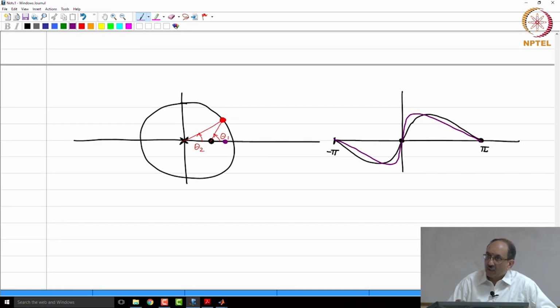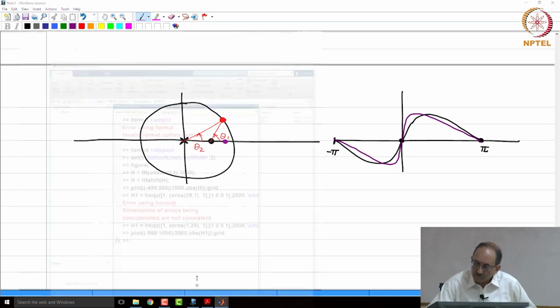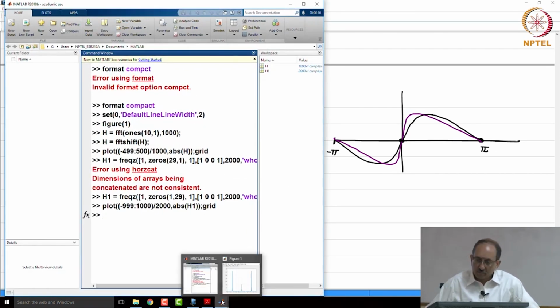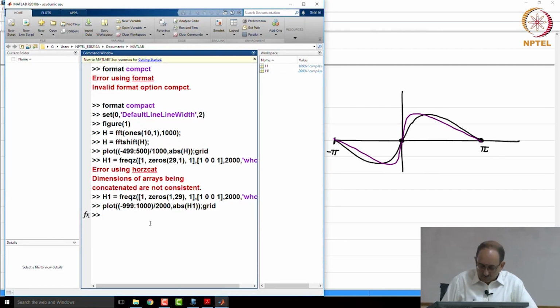Now, let us do this in MATLAB to get the exact phase response. So, I have H, which is the frequency response. Now, let me make R equal to 0.8. The frequency response is B comma A. B is 1 minus R e to the j theta.